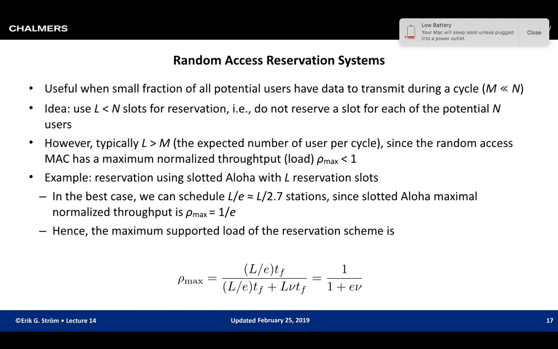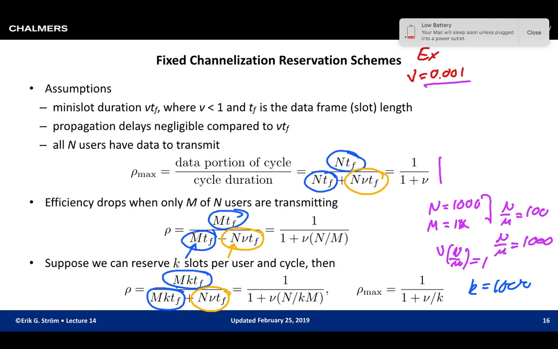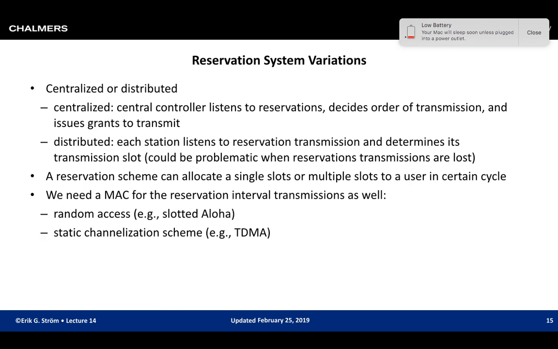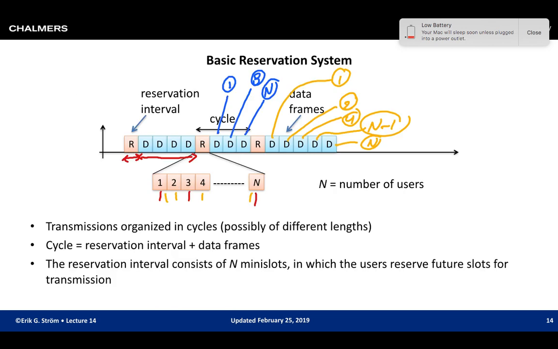So one thing that we have not discussed here, going back to this, is that this is a medium access control system, right? So what we want to do is to control access to the medium, and we do that by a reservation interval here, where we reserve the medium for future use. But this is tail biting, right?